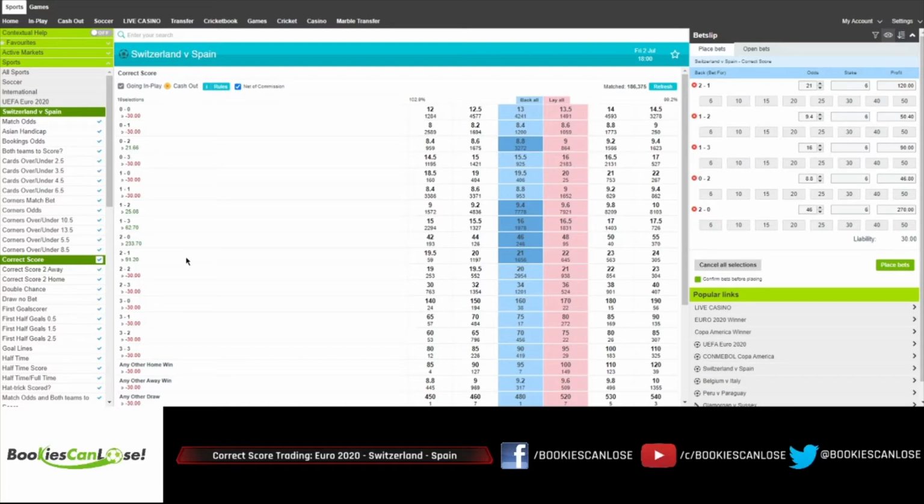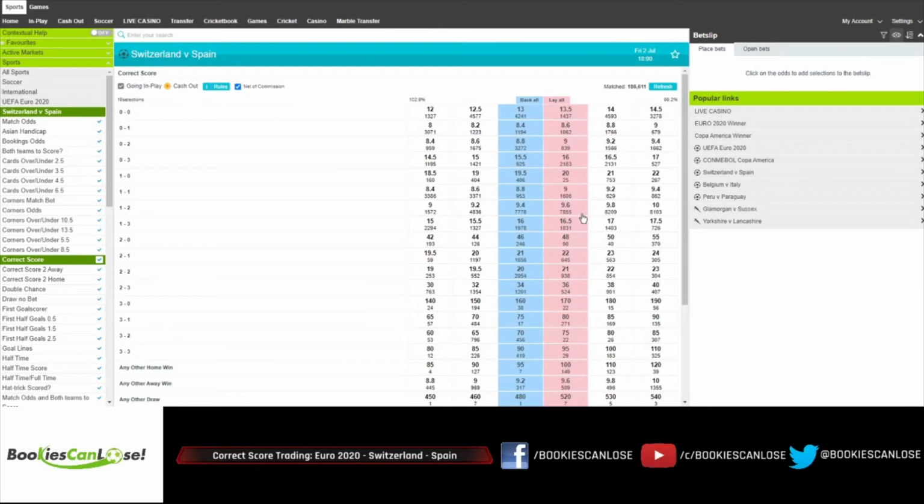But the other way to look at the correct score market is, and I'm not saying which way is better, the first one or the second one, but the second one is to do the opposite thing and to say, what will not be the final score of the game. So instead of backing scores, you can lay scores.